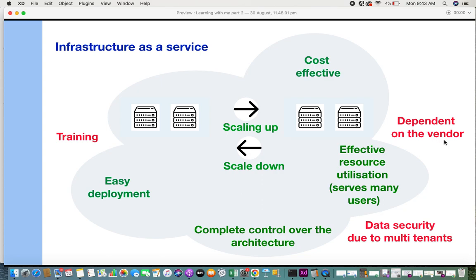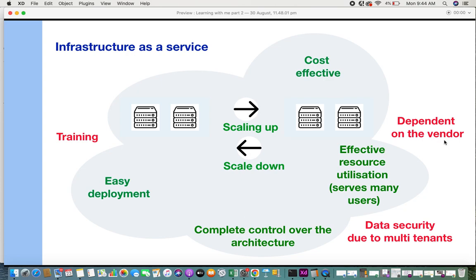So there is a bit of dependence on the vendor. Let's say there is a downtime with the vendor, something happens, and the infra is not available for a few minutes. Anything that happens there will cause some interruption in the business, but that rarely happens.